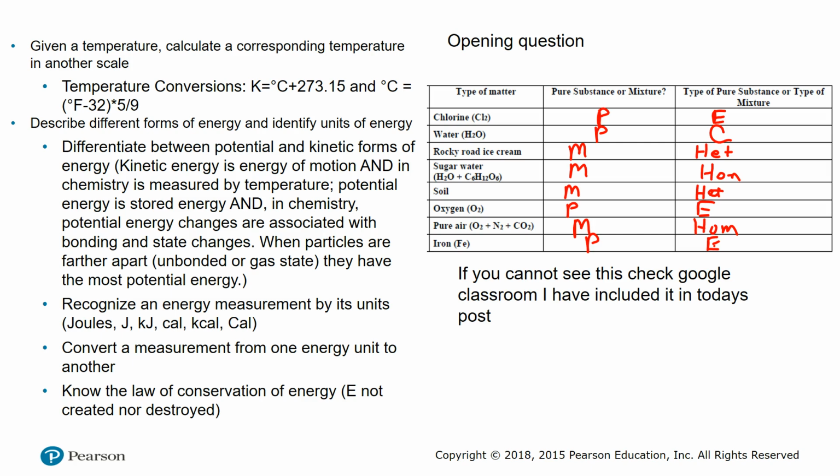We're also going to start looking at energy, specifically the difference between a joule and a calorie, and being able to convert between those two. Those are both units of measure for energy, or thermal energy, which is what we're going to be looking at in this class. So heat. And then we'll also look at the law of conservation of energy and the law of conservation of mass, both of those in today's lesson.